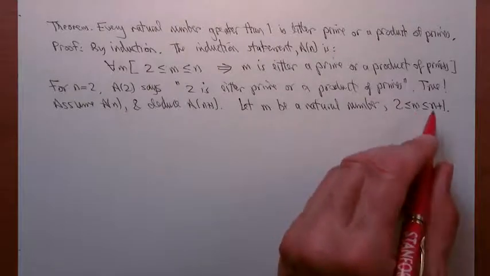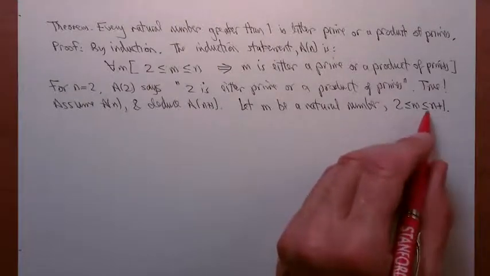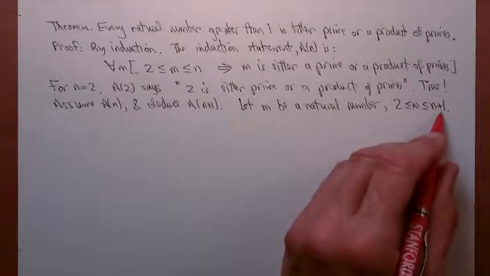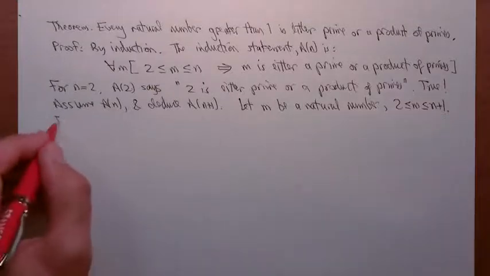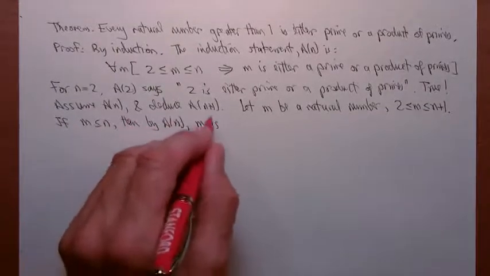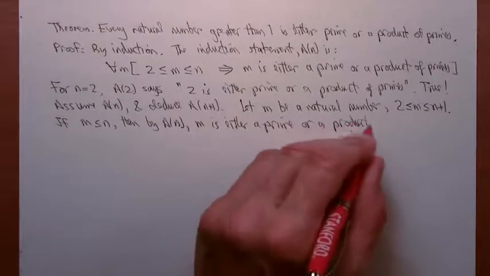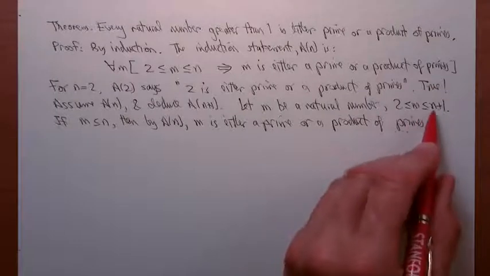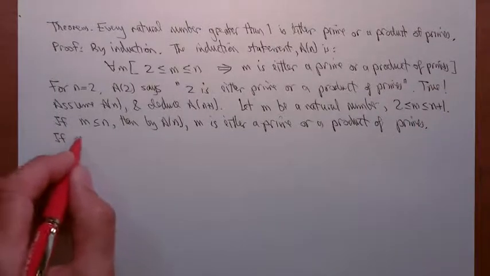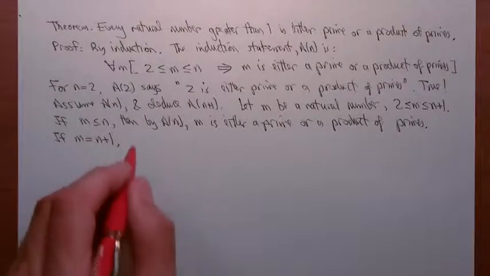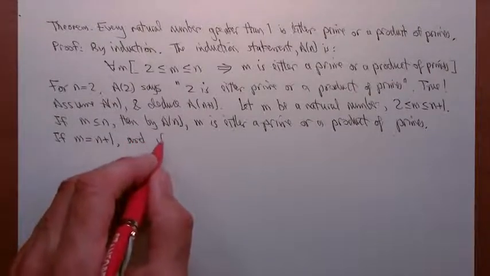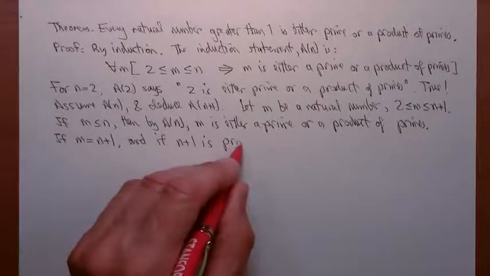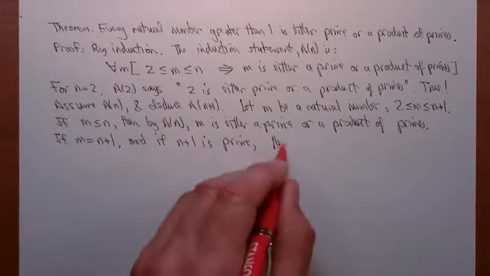Well, if m is less than or equal to n+1, m is either less than or equal to n, or m is equal to n+1. If m is less than or equal to n, then by A(n), m is either a prime or a product of primes. The only other possibility is that m equals n+1. Well, if n+1 is prime, then m is prime.